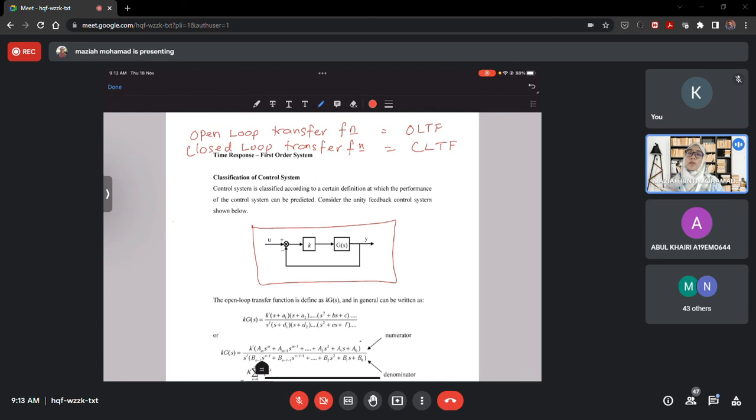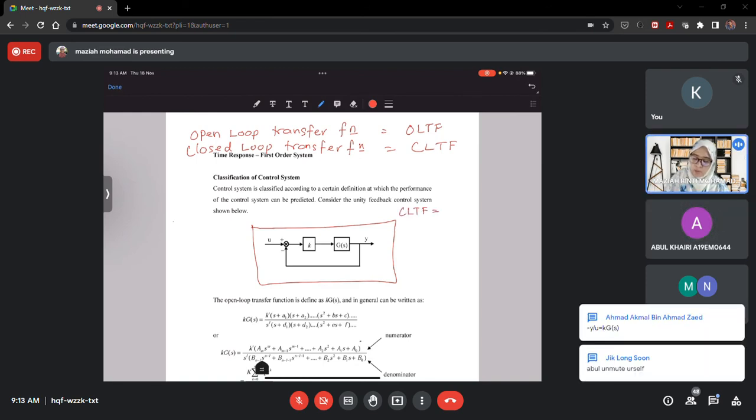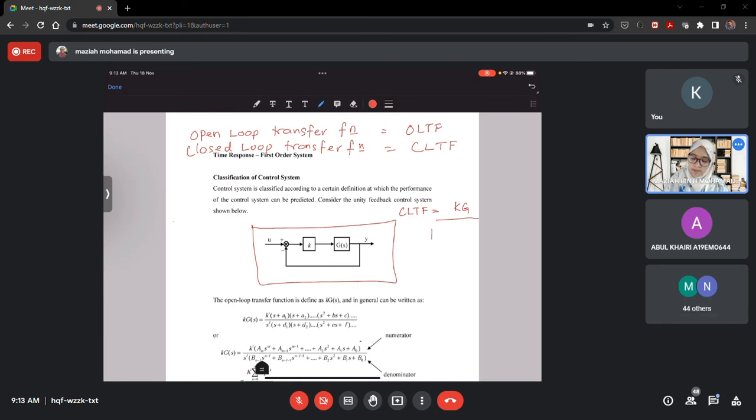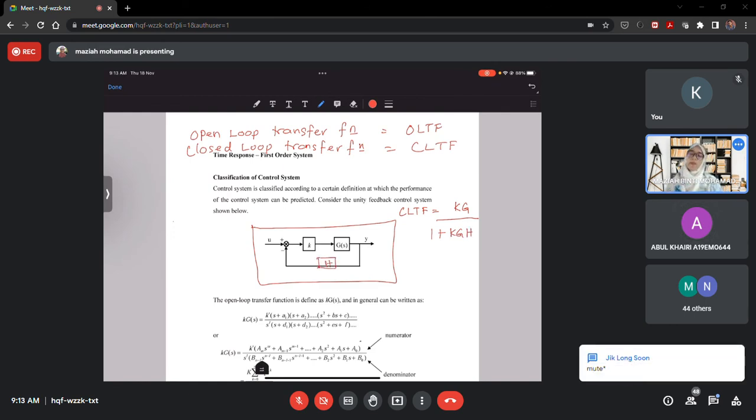Okay, you already used that during block diagram manipulation. Unity feedback. So if you have this block diagram, the closed loop transfer function will be KG over 1 plus KGH. Let's consider this is H here. So KG over 1 plus KGH is the closed loop transfer function.